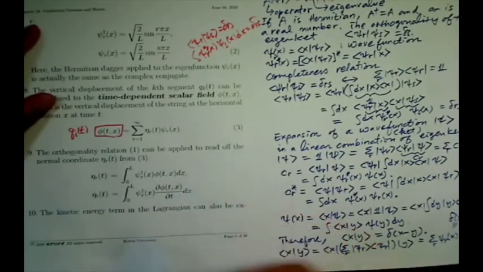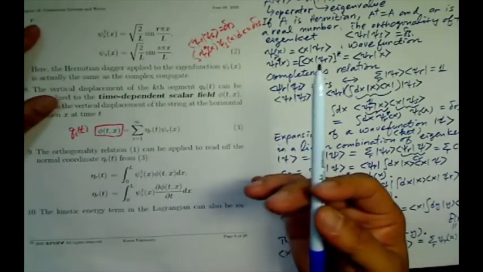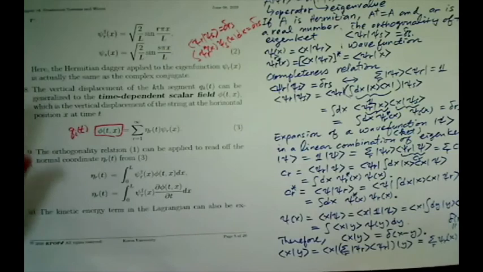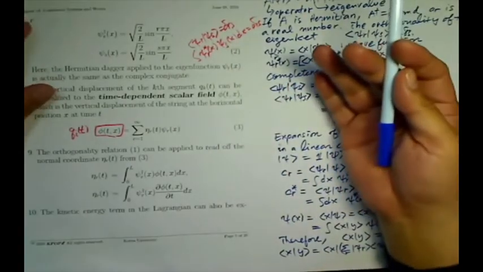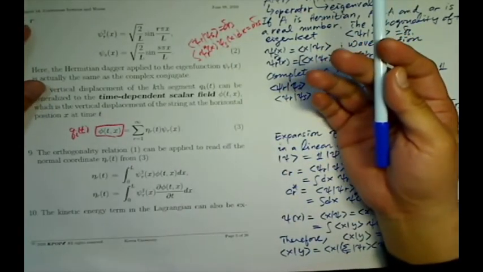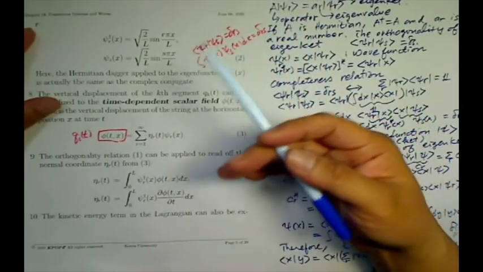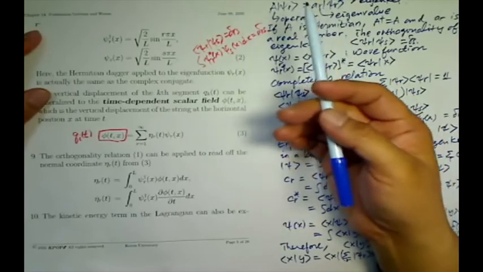But as I told you, the time-dependent factor, the normal coordinates, are completely different, because the Schrödinger equation is a first-order differential equation in time, but the wave equation for the string vibration is a second-order partial differential equation with respect to time.